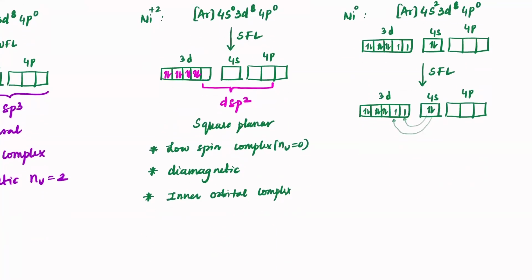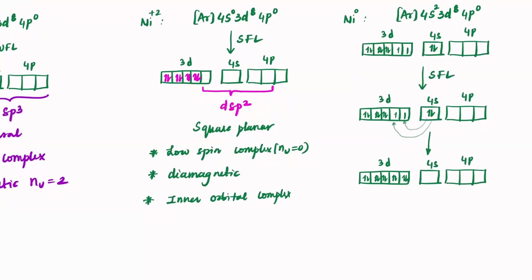Once the migration completes, there will not be any electrons in 4s, so all of the electrons will get into 3d. 3d is completely filled and it will become d10. Originally it was 3d8, 4s2 and 4p0. Now 4s will become 0, 4p will become 0 and 3d will become 10.